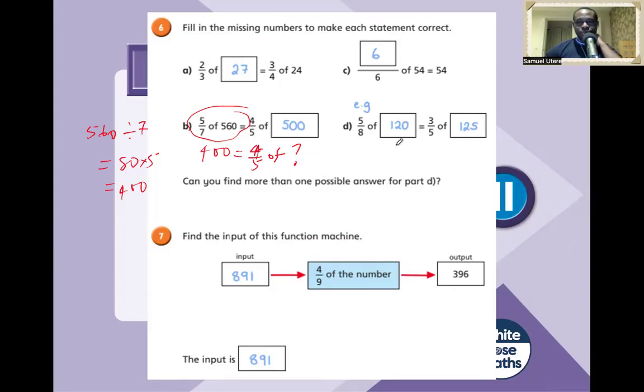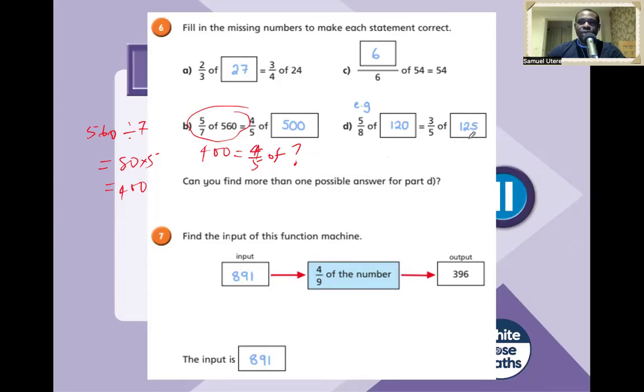Okay. So here we're trying to work out 5/8 of something is equal to 3/5 of an amount. So for this one, we're being asked to fill in the missing numbers. So here you can have more than one answer.